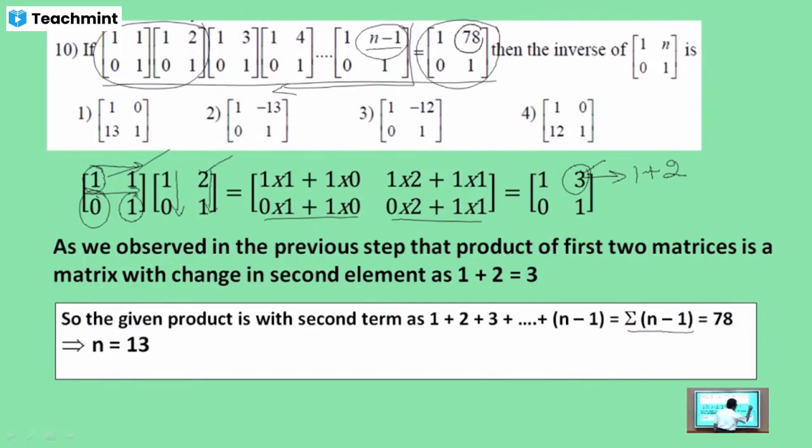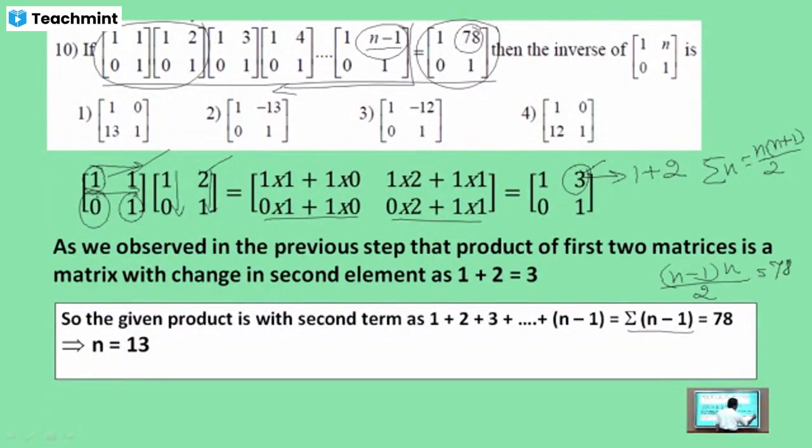When it is sigma n, you know that it is n into n plus 1 divided by 2, so that summation n minus 1 is what? n minus 1 into n divided by 2 equal to 78.